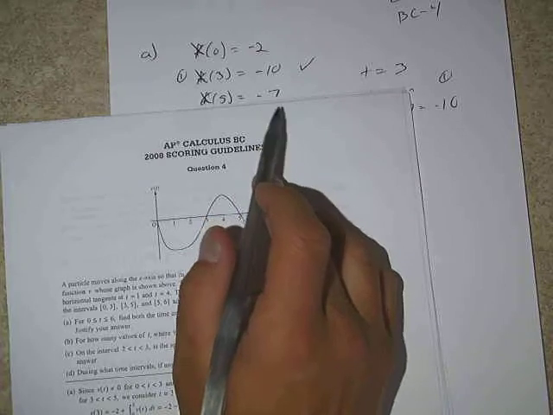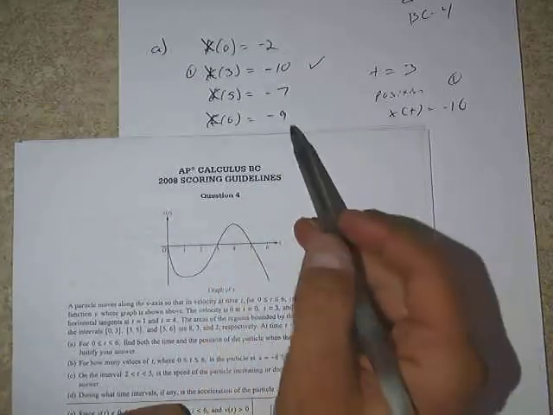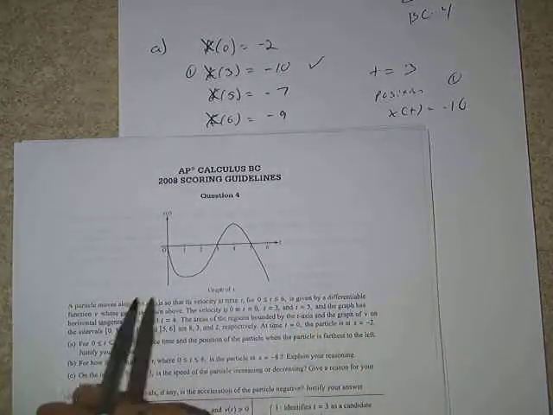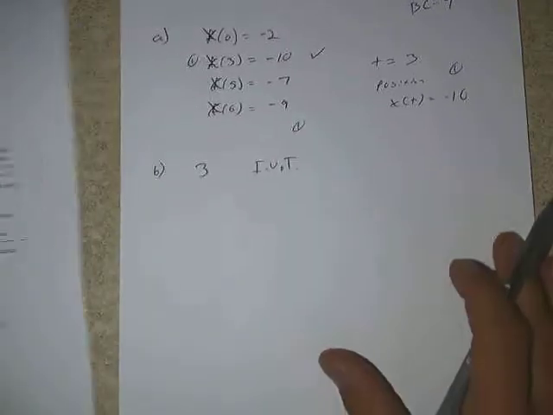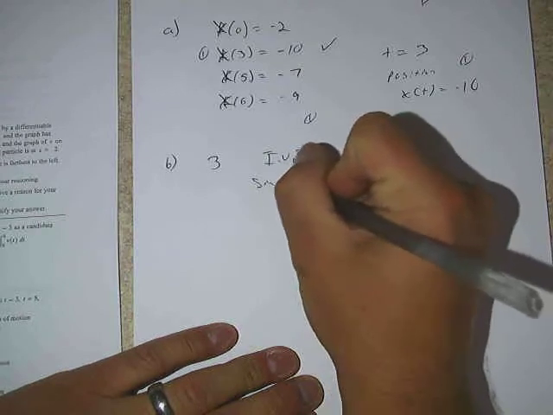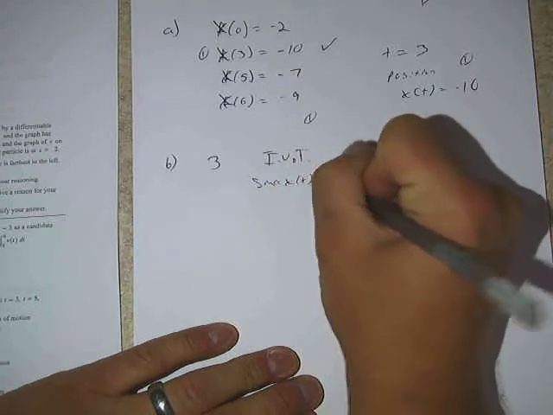Same thing here. It stays positive from 3 to 5, so could it cross the -8 line any more than just once? No. So really, instead of at least 3, knowing that we have this velocity curve, the answer is actually exactly 3, isn't it? Instead of at least 3.